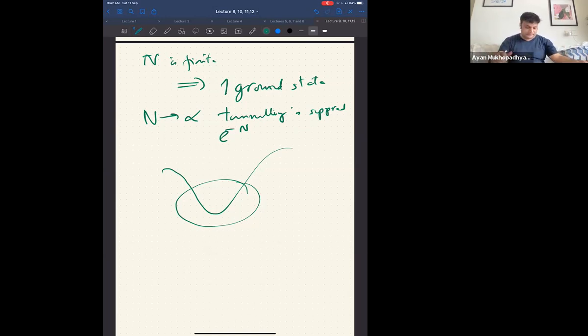If you take a crystal, because if you have 1 mole of atoms and it is suppressed by 1 mole, then e to the power minus 1 mole is an extremely tiny number. It's like e to the power minus 10 to the power 23, right? It's an extremely tiny number. 1 mole has 10 to the power 23 particles, for example.